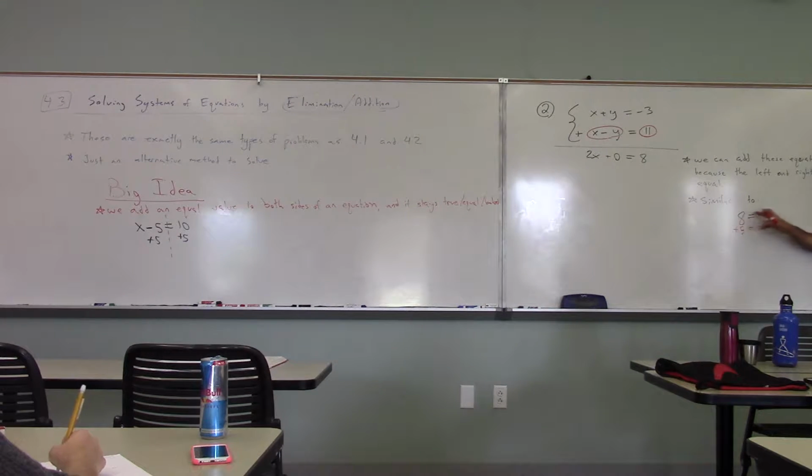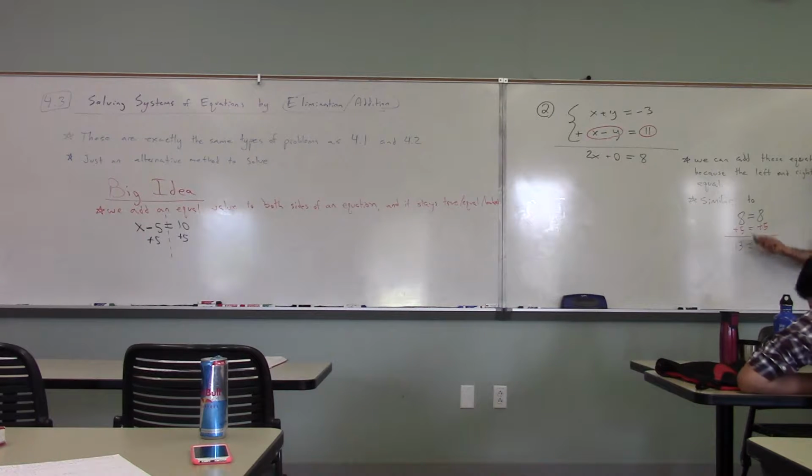If I have 8 equal to 8 and 5 equal to 5, then I can add those together, and this plus this has to be equal to this plus this. Because 8's equal to 8 and 5's equal to 5, when I add this left 8 and this left 5, it's exactly equal to adding its equal value plus equal value and getting 13 over here.